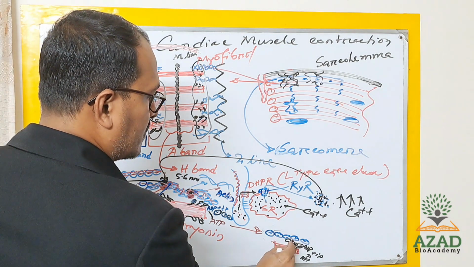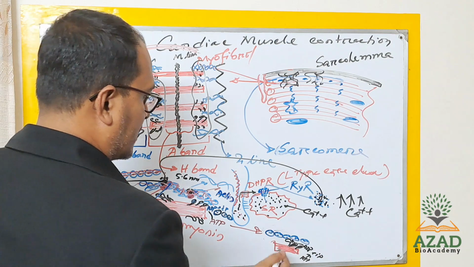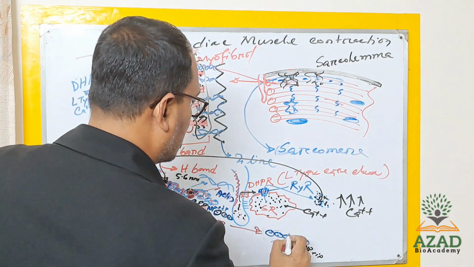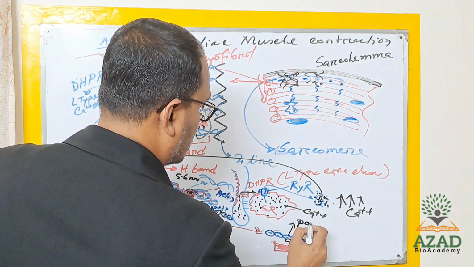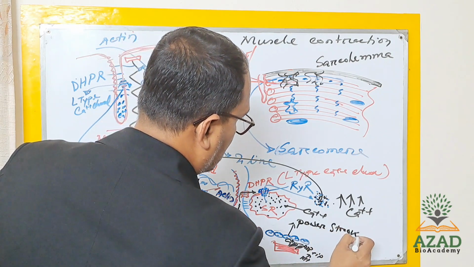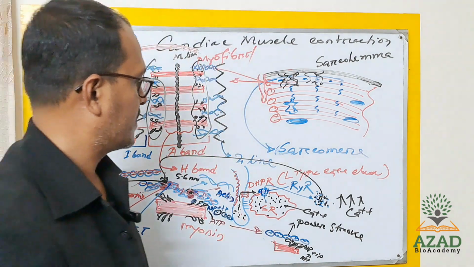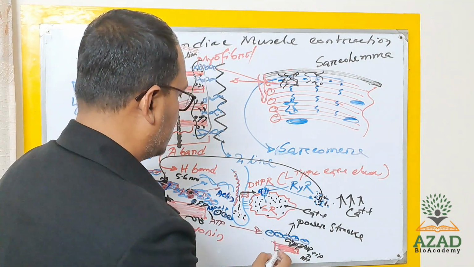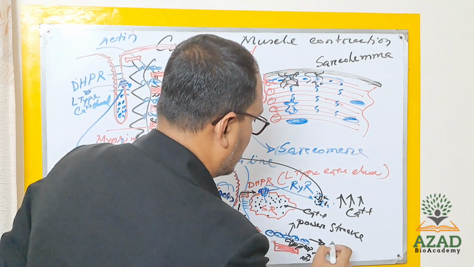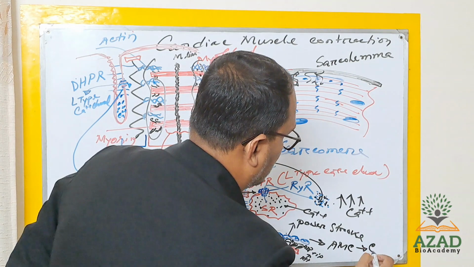So stretching will occur that way, and this stretching is called the power stroke. In that way, actin and myosin make an actin-myosin complex, and that will cause contraction.